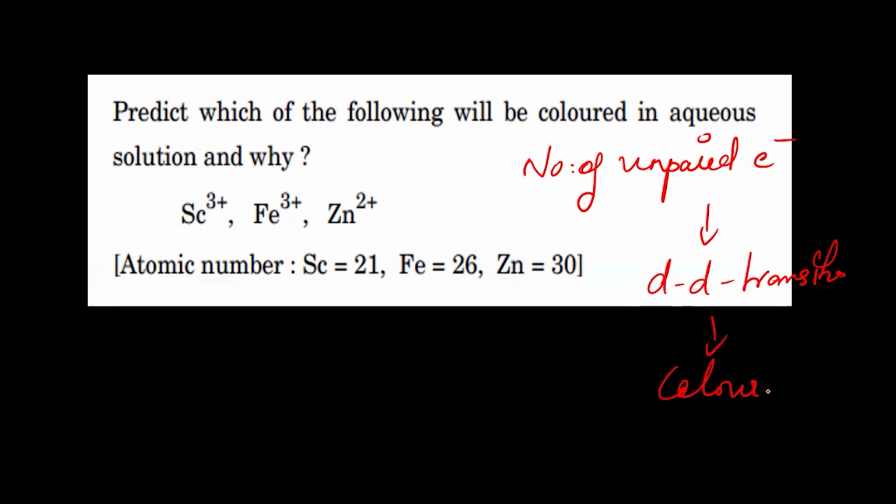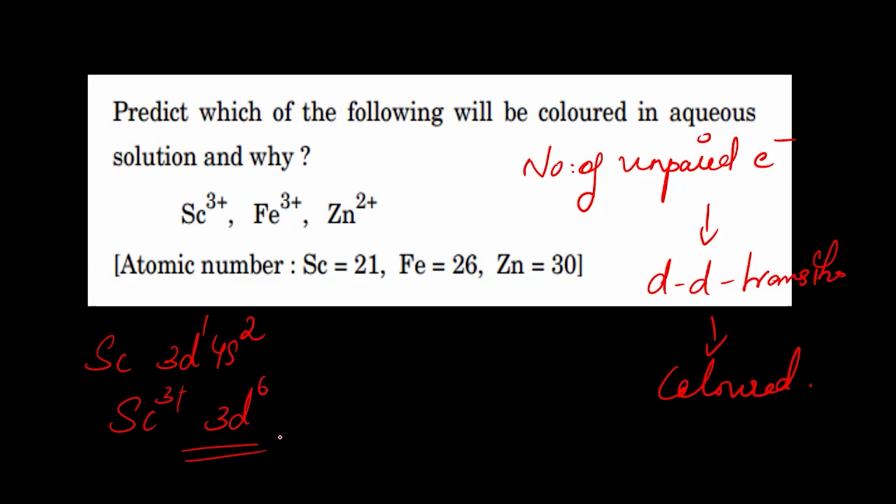That is the reason for color. Okay, so scandium 3+. Scandium is 3d1 4s2. Scandium 3+ means 3d0. There are no d electrons, so there are no unpaired electrons.